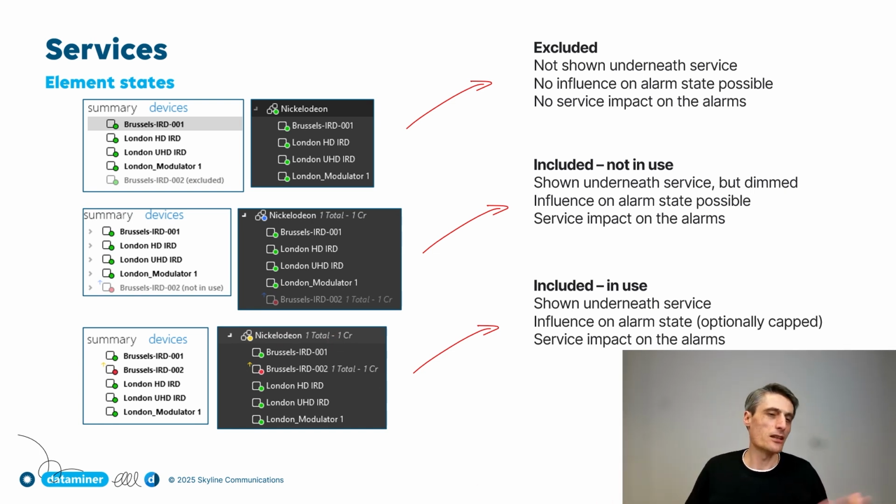Typically, it goes critical also to the service, but it is possible to include an element here. You could say you could also put the major on that element itself.